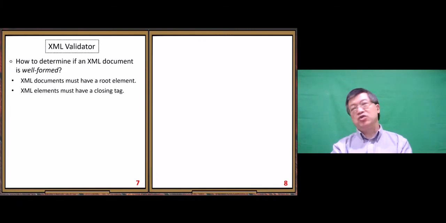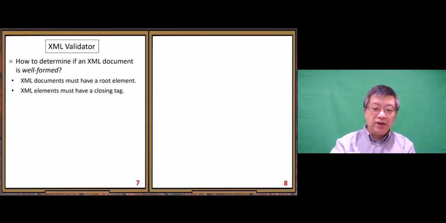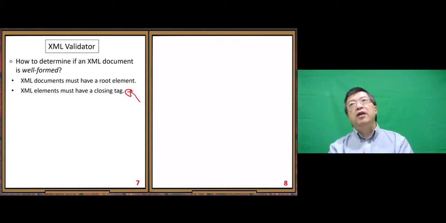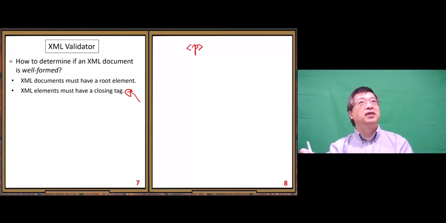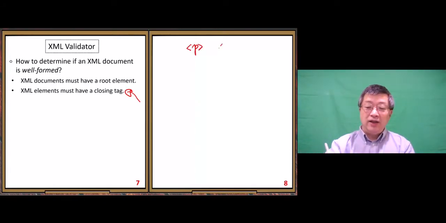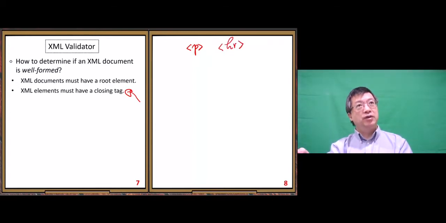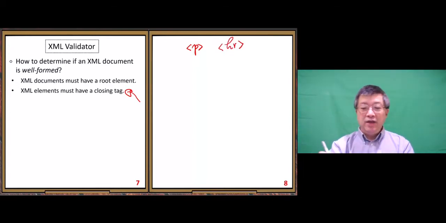That is very strict. But if you go back and look at HTML, some of the elements do not need to have a closing tag. Remember, like the P tag, paragraph, the HR tag, horizontal rule, and the image tag.